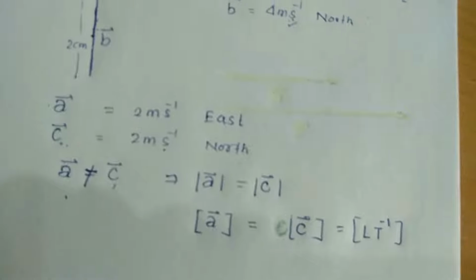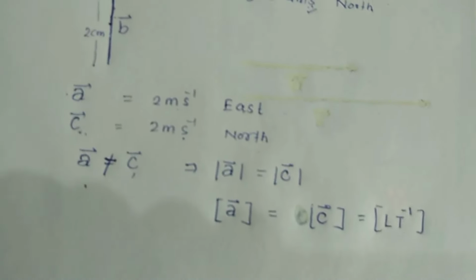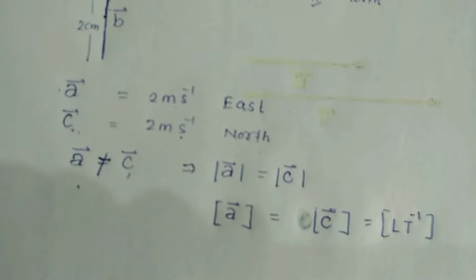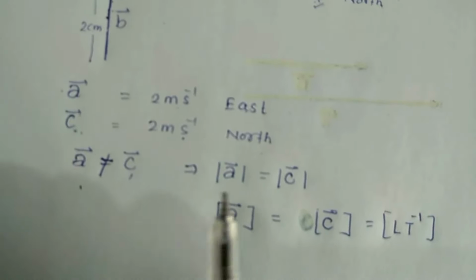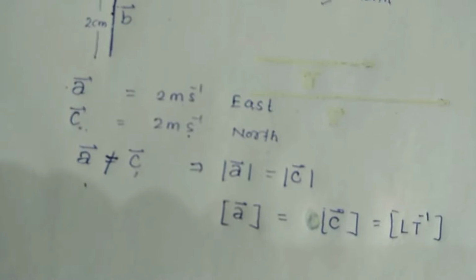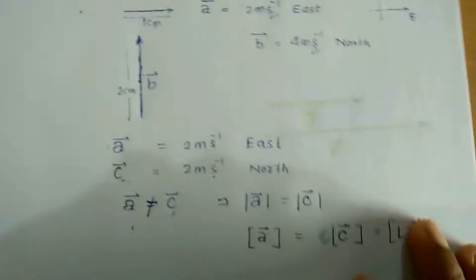We are clarifying that a vector changes if either the magnitude or the direction changes. Okay, I hope it is clear.